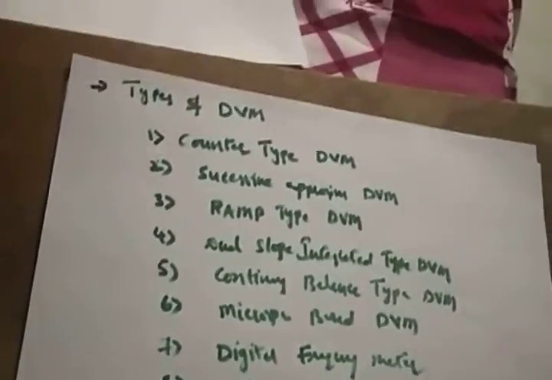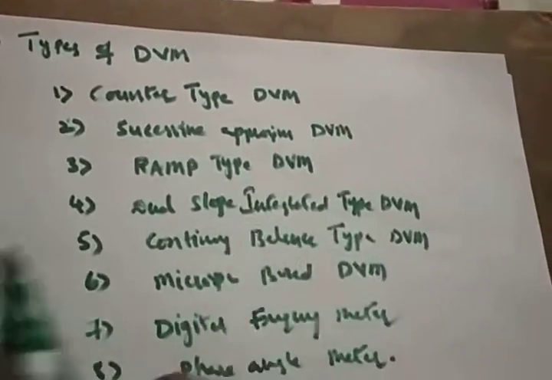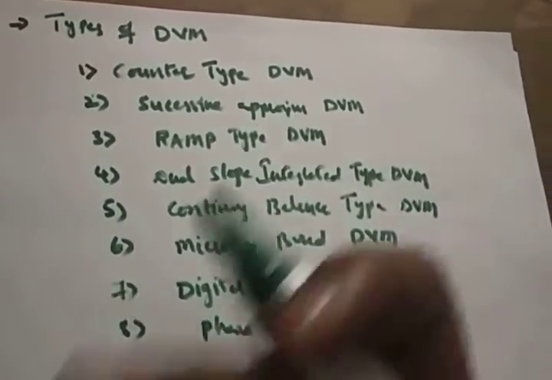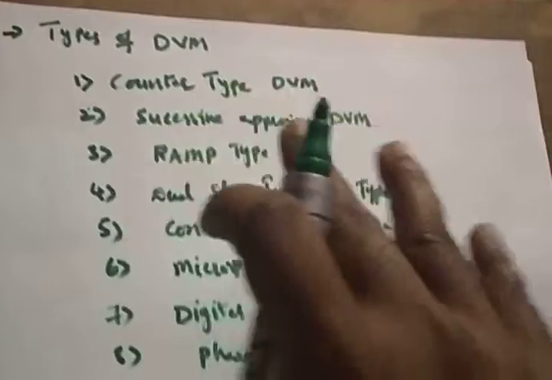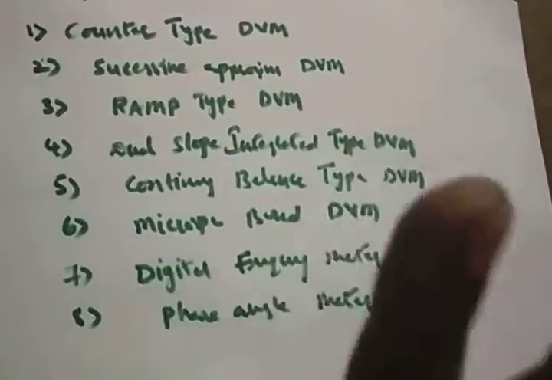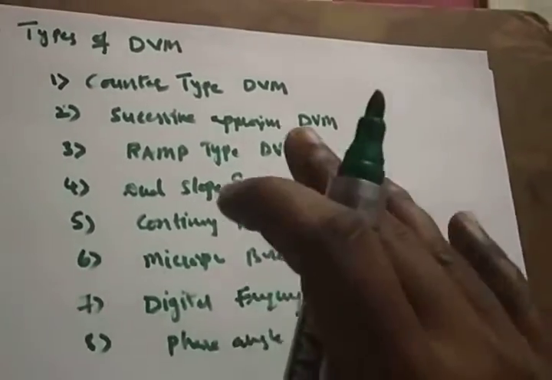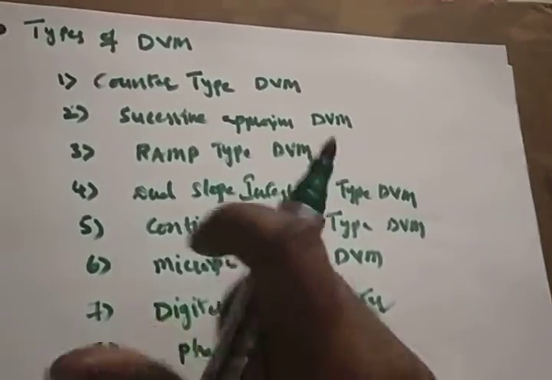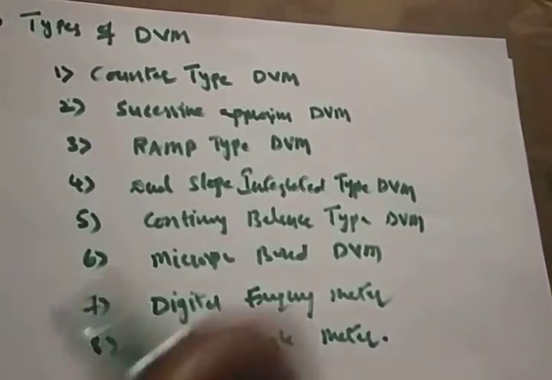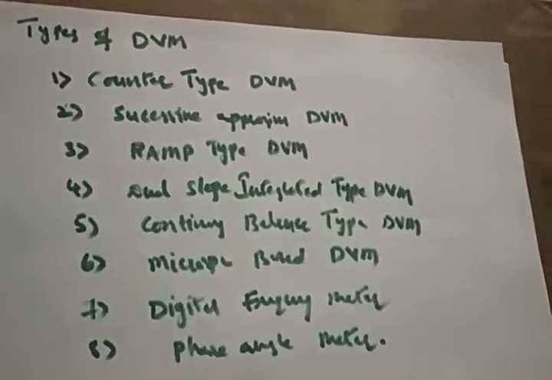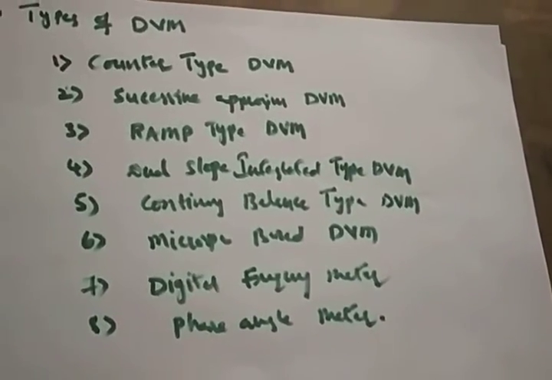So these are the whole content of this unit, which consists of different types of digital voltmeters. If you strictly follow these videos, where I am taking all the digital voltmeters, you will definitely get good information, no doubt about that.